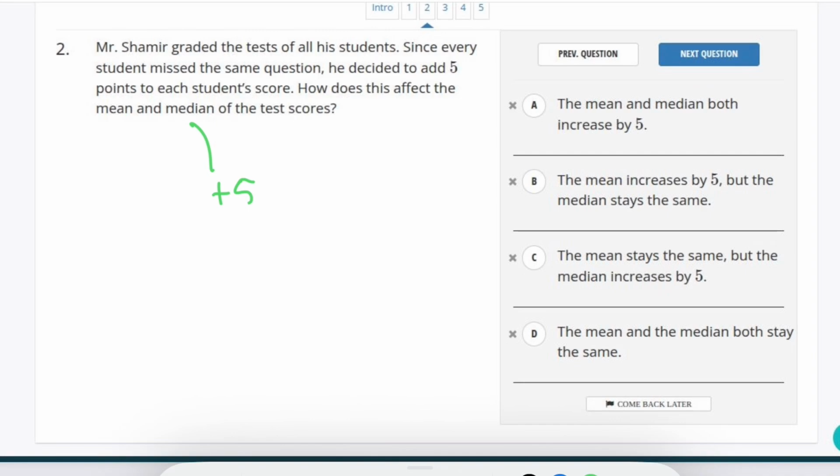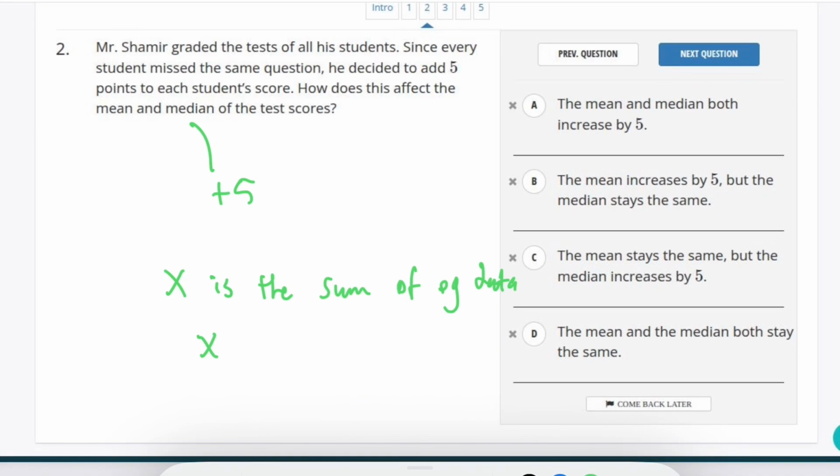For the mean, let's say the sum of all the data is x. So x is the sum of the original data. Then you're adding 5 for each one.